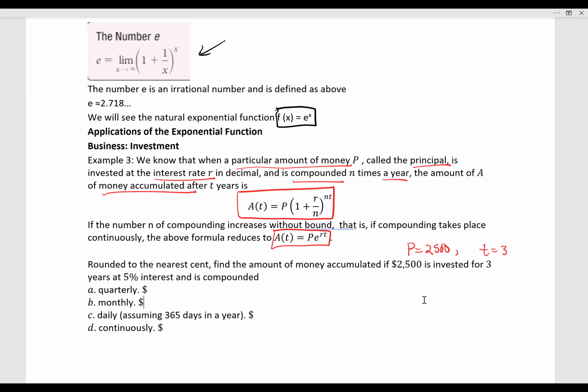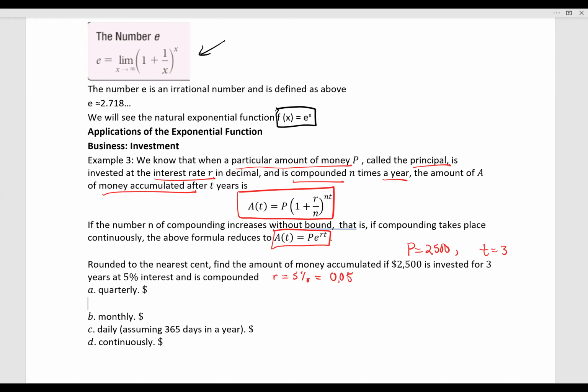And at 5% interest. You have to change this to a decimal, which is 0.05.